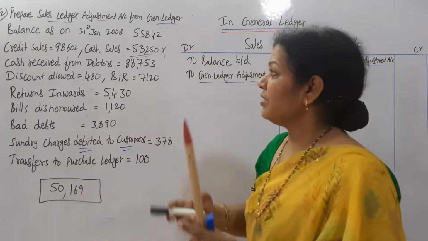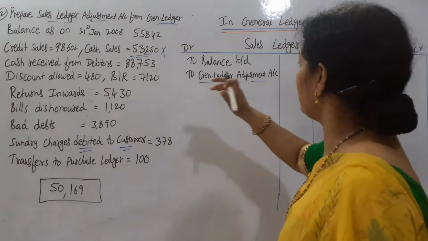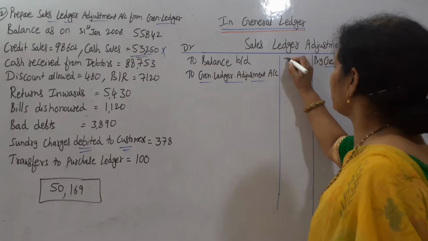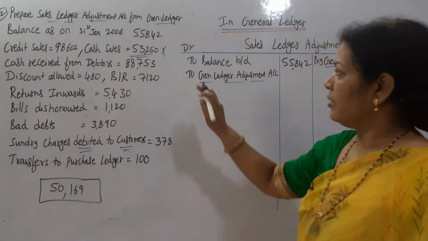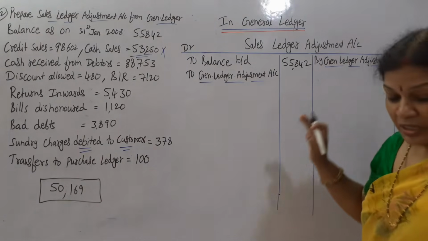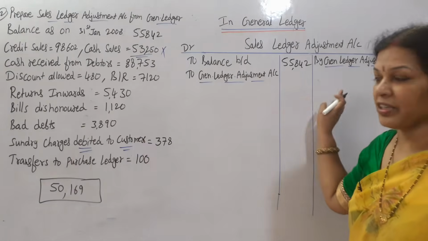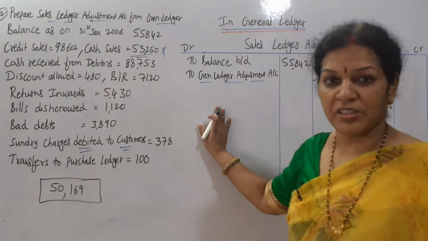Now the first one is here, balance as on 1st January 2018, opening balance, that is 55,842. Then keep aside headings, sales ledger adjustment account, both the sides, debit side and credit side. Under these columns we will write credit sales. Credit sales is always on the debit side.